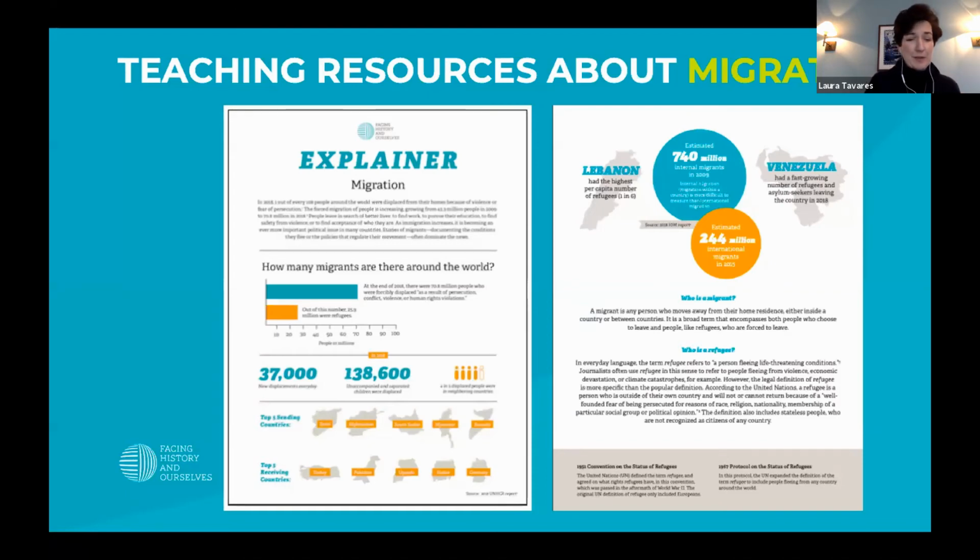This is an explainer we created about migration that, as you can see here, gives a sense of the numbers that at least were current in September, I think, when we published this, and goes on to define who is a migrant, who is a refugee, and what are some of the international laws and statutes that govern the status of migrants and refugees. So this is a way to build schema, as a literacy teacher would say, and it's also a way to seed a good conversation that's going to be rooted in solid information.